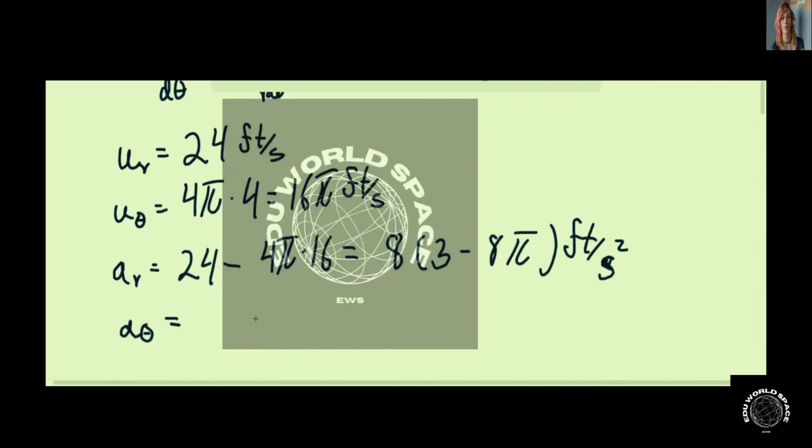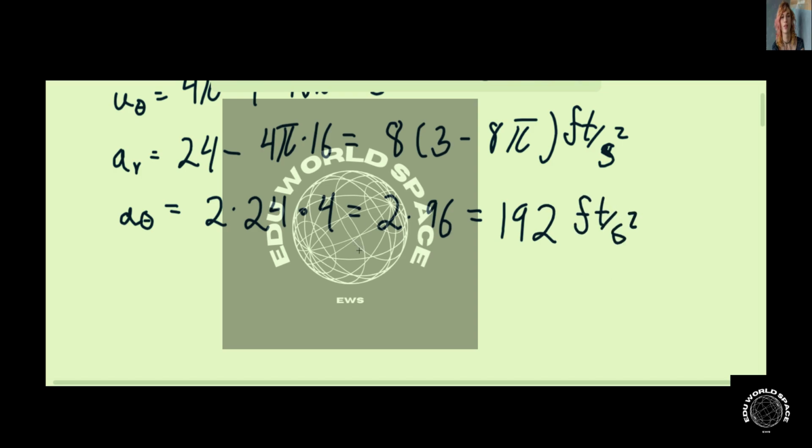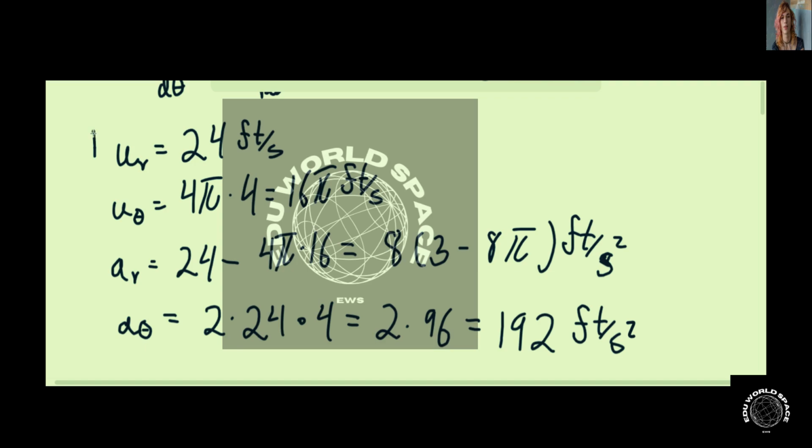So 2 times r dot, which is 24, times theta dot, which is 4. 4 times 24 is 96, so 2 times that is 192. And that's in feet per second squared. And those are our solutions.